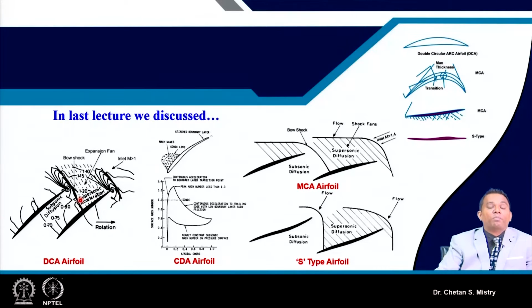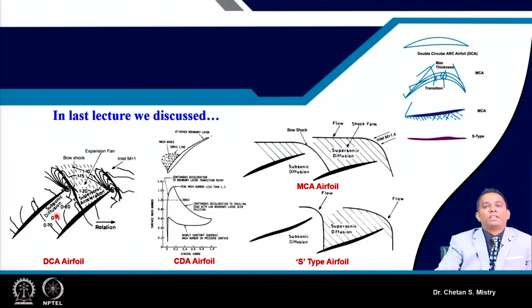From there, because of the normal shock, the downstream flow is subsonic. So in this case we have supersonic expansion, equivalent to supersonic diffusion, and then subsonic diffusion.